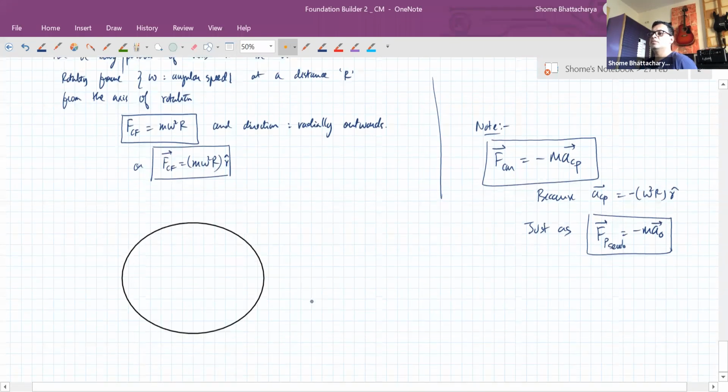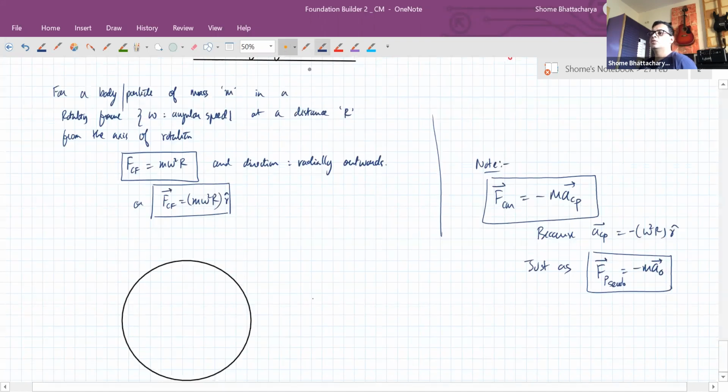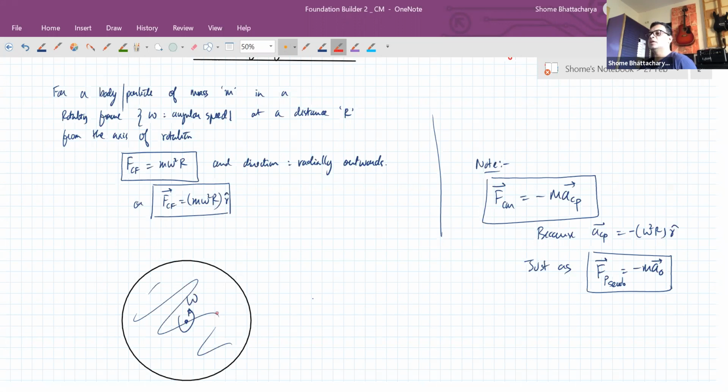So if a particle or body is in a frame which is rotating at angular speed omega, and there happens to be a particle or a body of mass m which is at a distance of r from the axis, then it experiences a centrifugal force in this sort of direction and of this kind of magnitude.